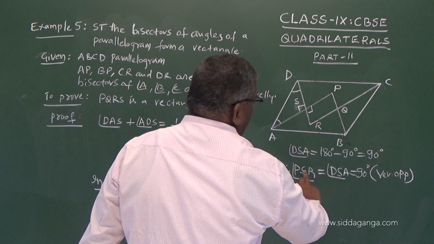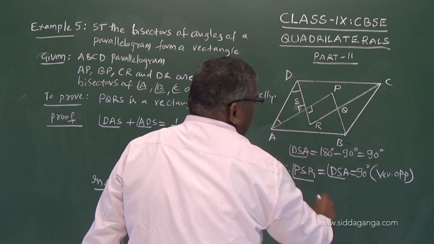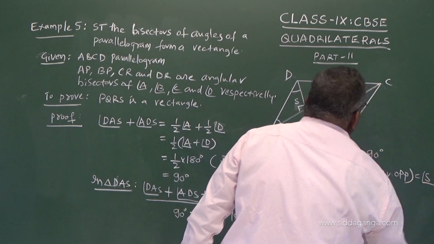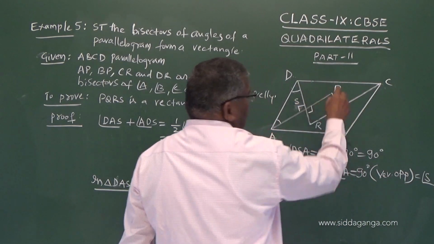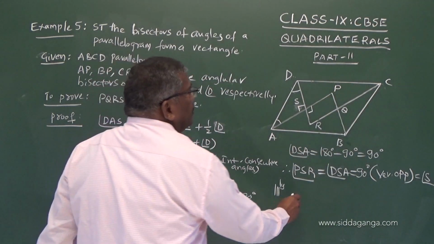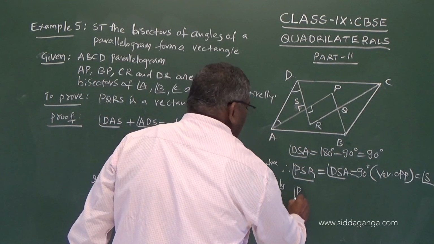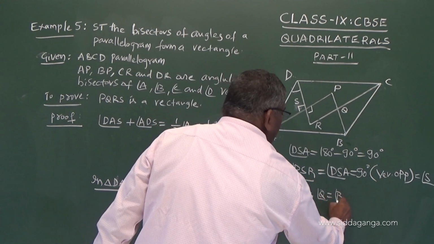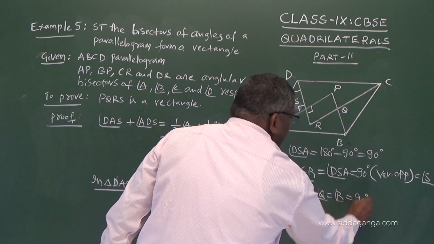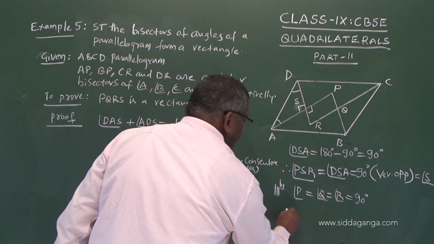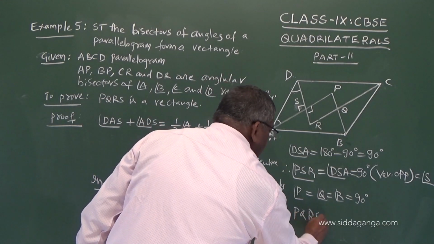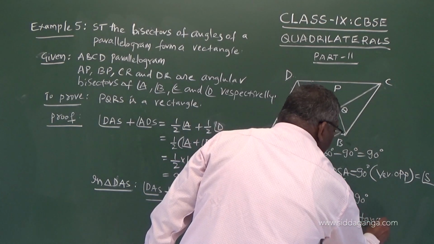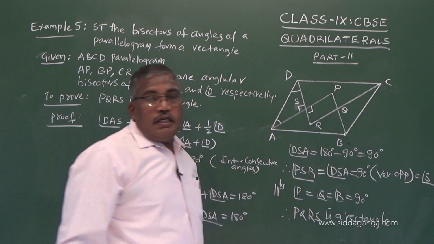DSA is nothing but PSR, which is angle S of PQRS. Similarly we can prove that angle P equals angle Q equals angle R equals 90 degrees. Therefore PQRS is a rectangle.